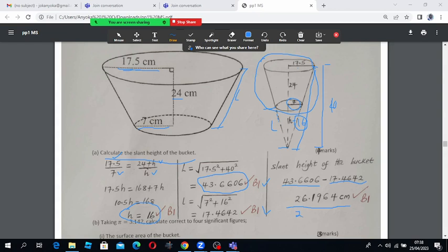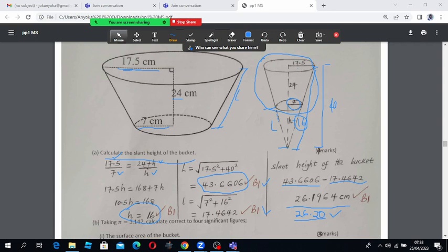Some could have given this one to us as 26.20. This one is even okay because it is to 2 decimal places. Insist on 2 decimal places unless you are told otherwise.